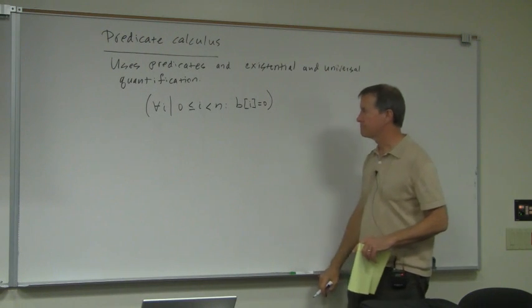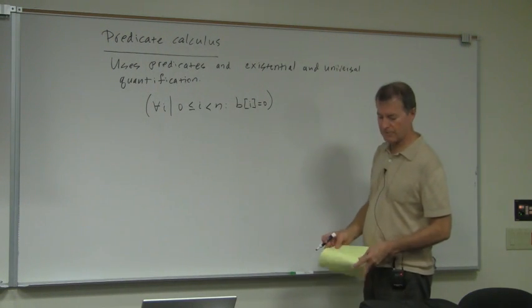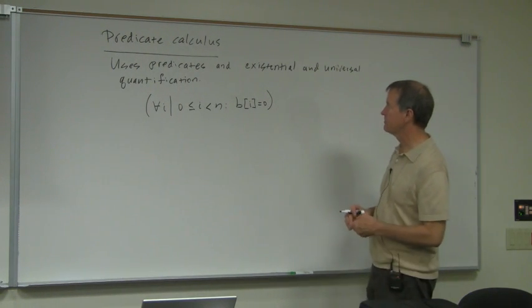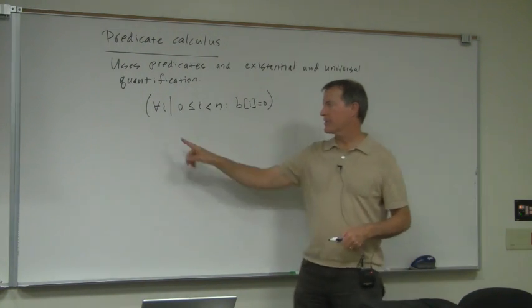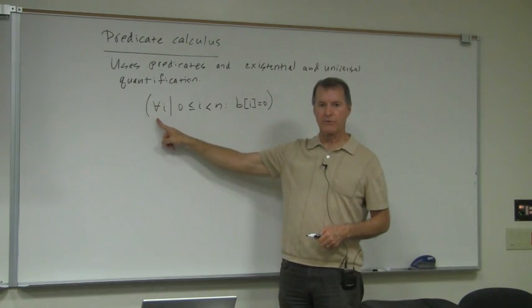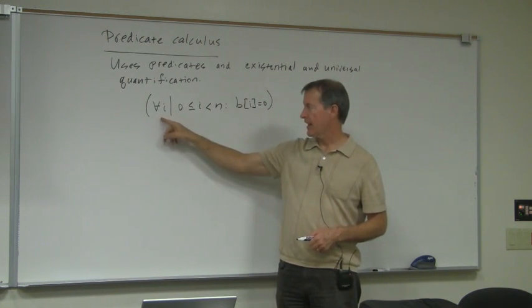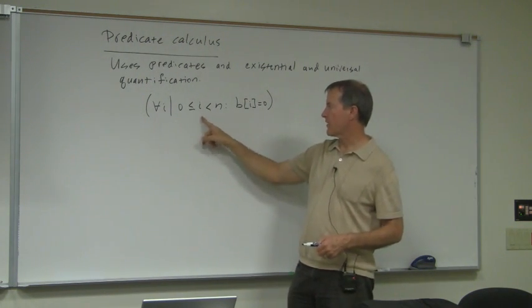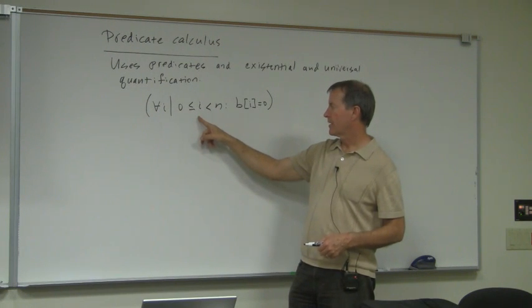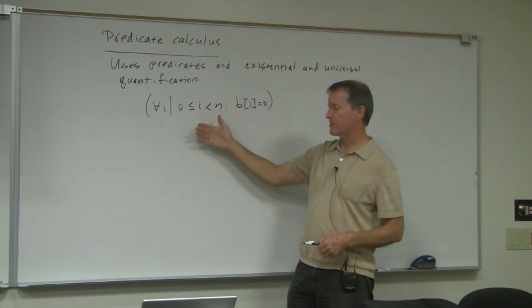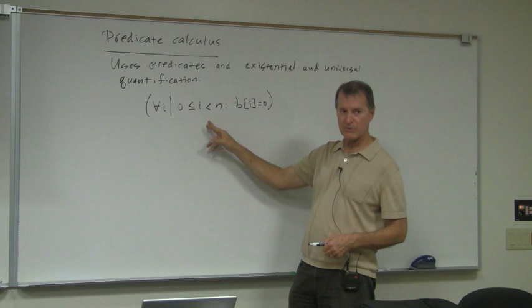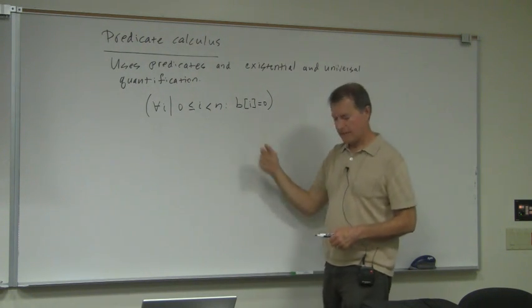Let's consider this quantification. What is the operator for all? Do you remember that? It's and. So this is and. What are the possible values of I here? 0, 1, 2, 3, all the way up to N minus 1.